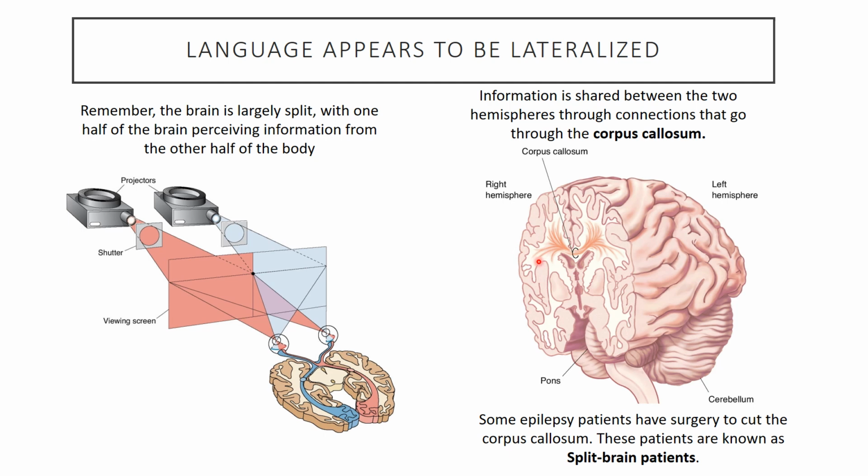One surgical intervention that can be useful in ameliorating this problem is just cutting the corpus callosum so that one side of the brain can no longer talk to the other side. These patients are known as split brain patients.